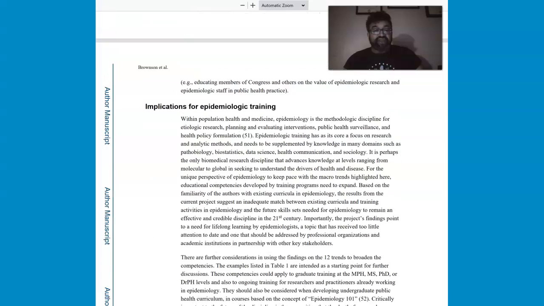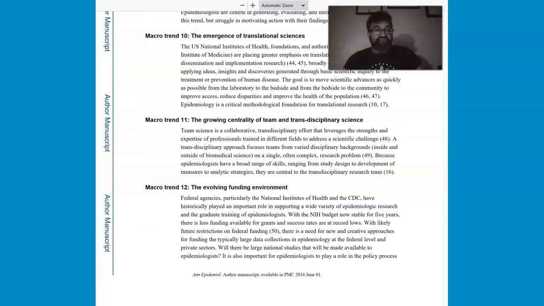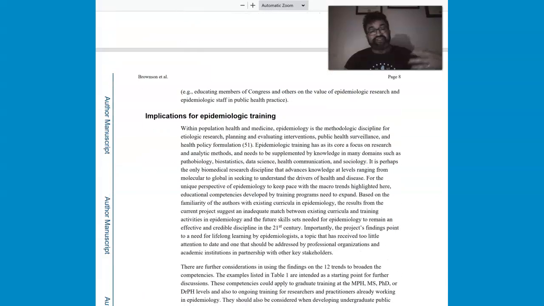I'm going to just end with the last two. The growing centrality of team and transdisciplinary science are very important, and the funding portion. Those are two things that are really important to understand the modern version of epidemiology and the directions that we need to be heading in.